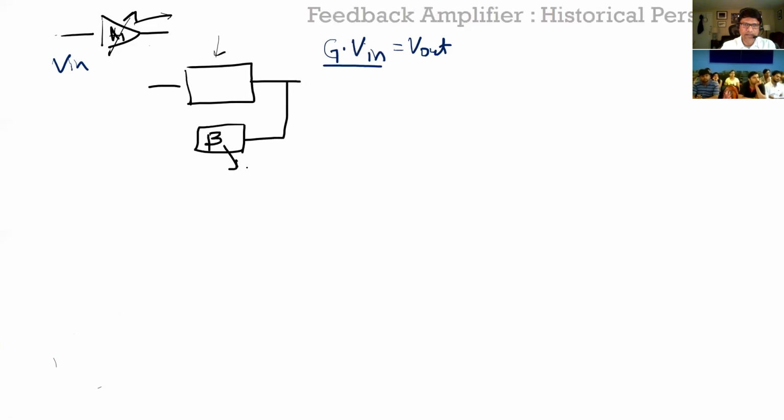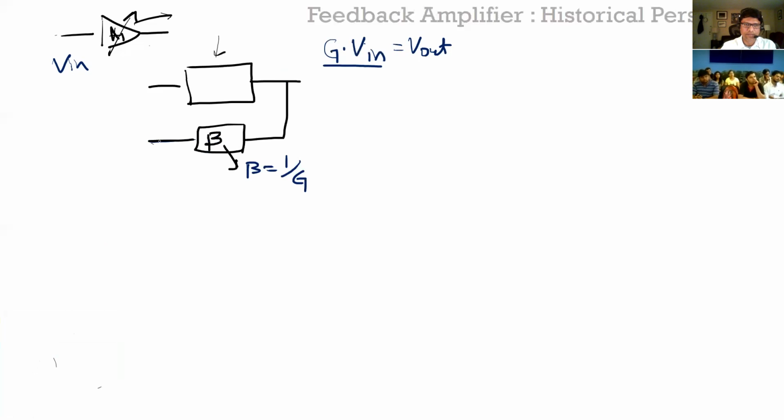And this beta, you make it equal to 1 over G. The gain you wanted, you make the inverse of that. So it's actually an attenuator. So let's say you wanted a 10 times gain. So you get 10 times V here, this is 0.1. So what you get here actually is V in, right?